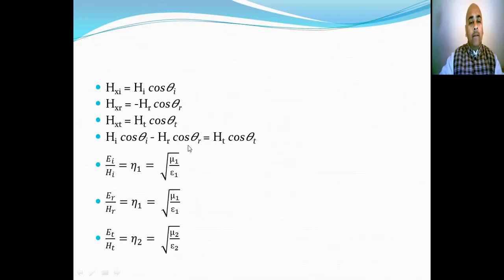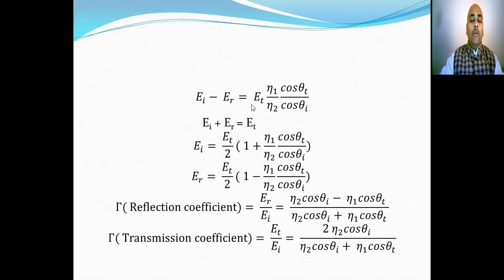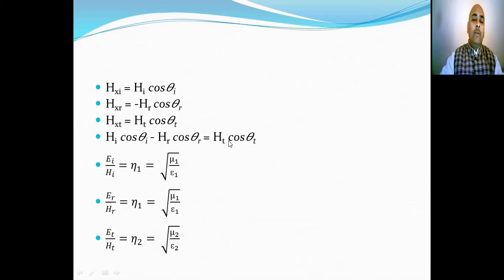So by putting the values, instead of H_i I am putting E_i by the intrinsic impedance of medium 1, and further as theta_i is equal to theta_r, we obtain that E_i minus E_r is equal to E_t times intrinsic impedance of medium 1 cos theta_t divided by intrinsic impedance of medium 2 cos theta_i, because we can put H_t as E_t by the intrinsic impedance of medium 2.